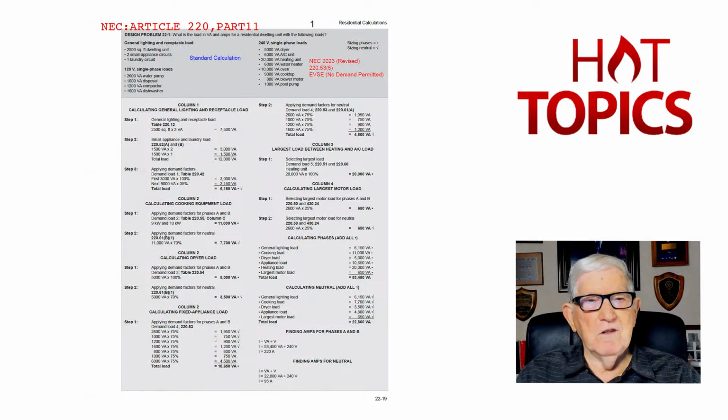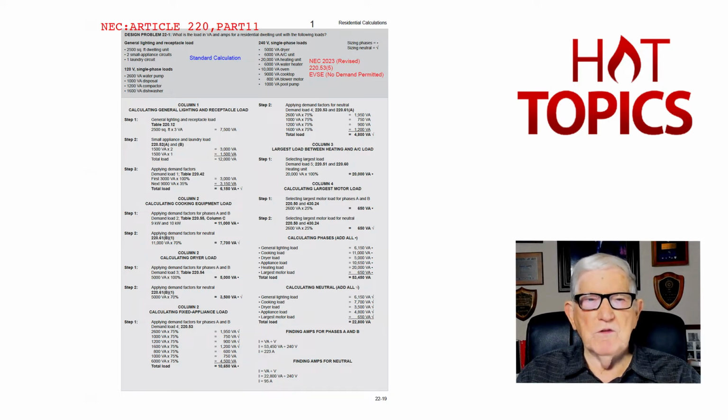Looking at step 1, we have a 2,500 square foot dwelling unit in compliance with 220.11 of the code. And 3VA, we're going to get from 220.14J, I believe it is. 3VA times 2,500, we come up with 7,500. Notice all your lighting outlets and receptacle outlets come from that calculation of 7,500 VA.